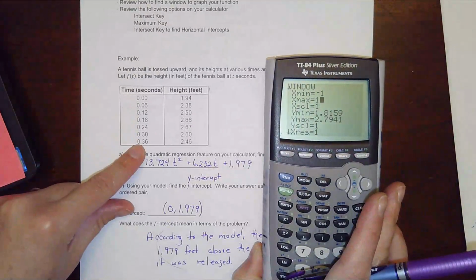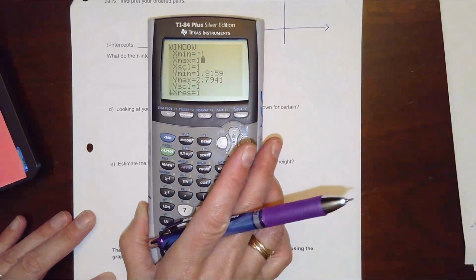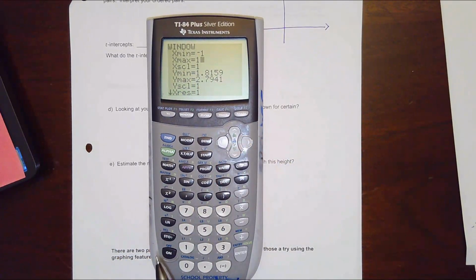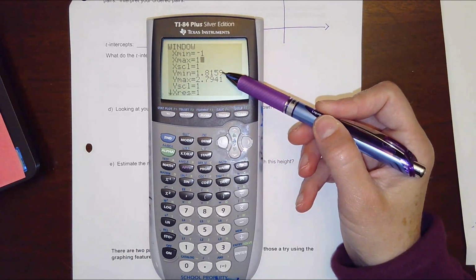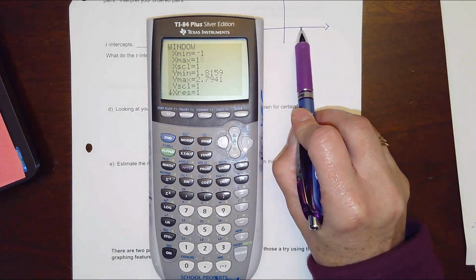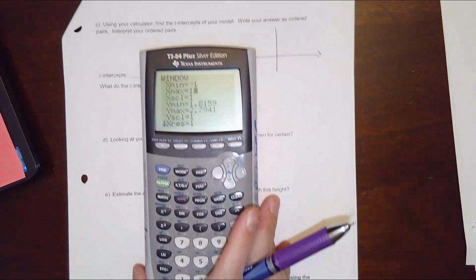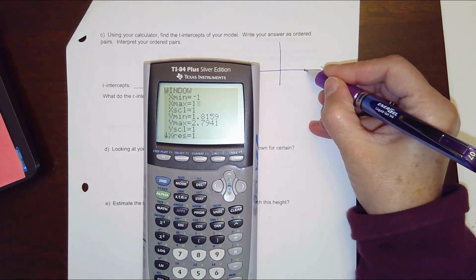Here we were looking at 0.36 seconds. So from -1 to 1, that probably will give us what we're looking for as far as our time values. But look, if the ball is on this axis right here, we're trying to find the time where the height is 0, right?